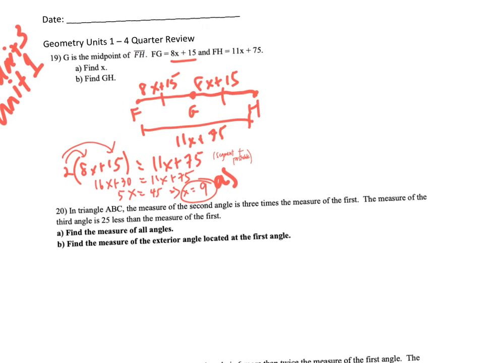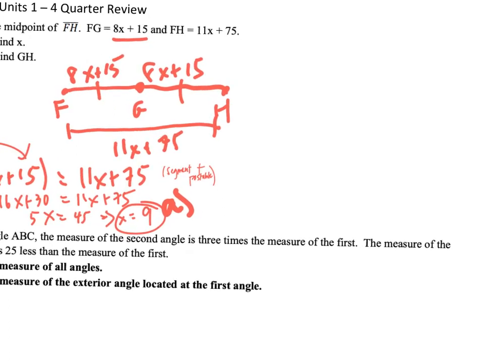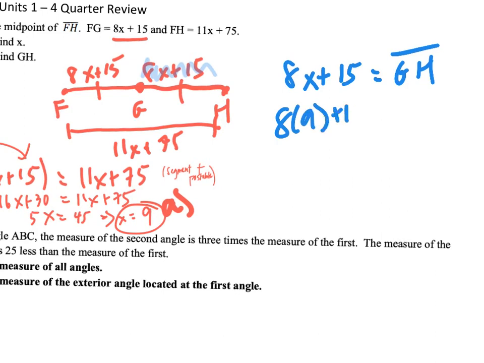Let's work on part B now. Part B is saying to find GH. I know that this expression, let me highlight it, 8x plus 15, represents GH because I deduced that from my given information. So 8x plus 15 equals GH. Now I know what x is, so I can substitute that in. So 8 times 9 plus 15 equals GH.